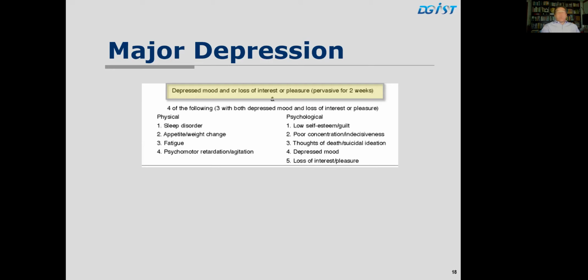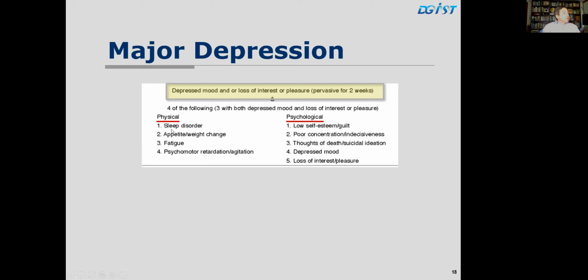So there is a book called the Diagnostic Statistical Manual, and it's one way of having various criteria for these psychiatric disorders, and this is one example. It's major depression. So what is the diagnosis of major depression? It's a depressed mood and or loss of interest or pleasure pervasive for 2 weeks as a requirement. And then based on this, some other symptoms, either physical or psychological.